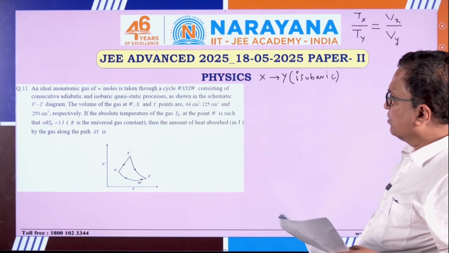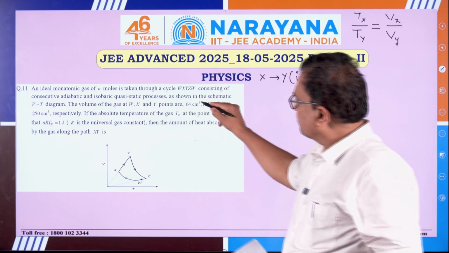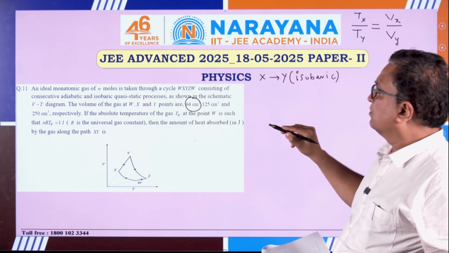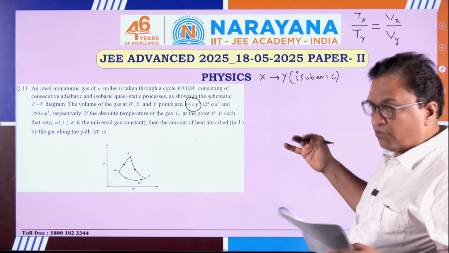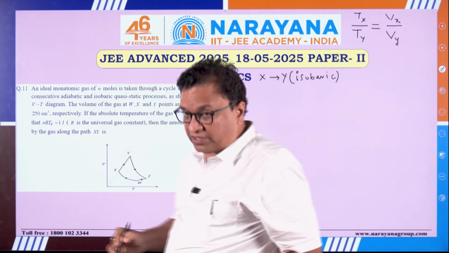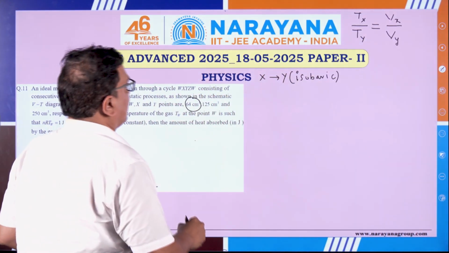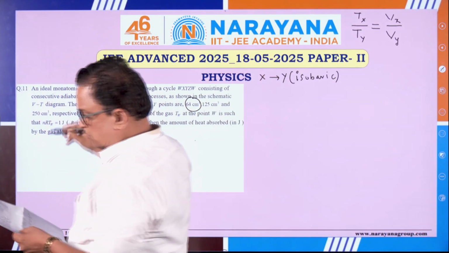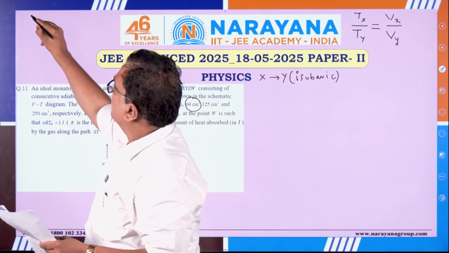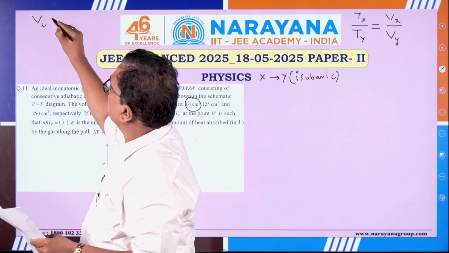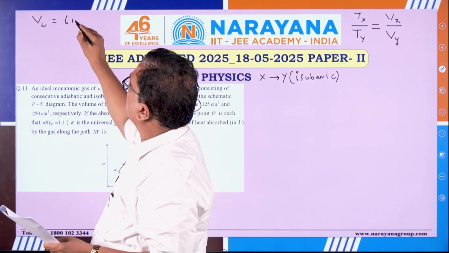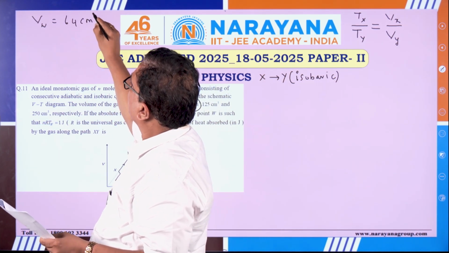By the way, you have been given the volumes at W, x, and y. That is also mentioned in the question. Let me write that data properly over here. V at W is given, which is 64 centimeter cube.